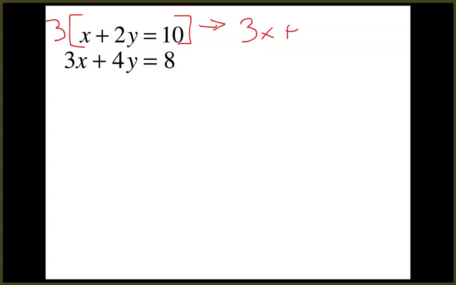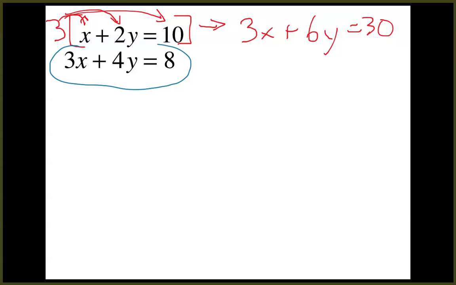3x plus 6y now, because I distributed this 3 here, and I distributed the 3 there, and then I'm going to have to distribute the 3 here, equals 30. And now what I can do is take this equation and subtract it. So I'm going to do 3x minus 3x, minus 4y, and then minus 8.